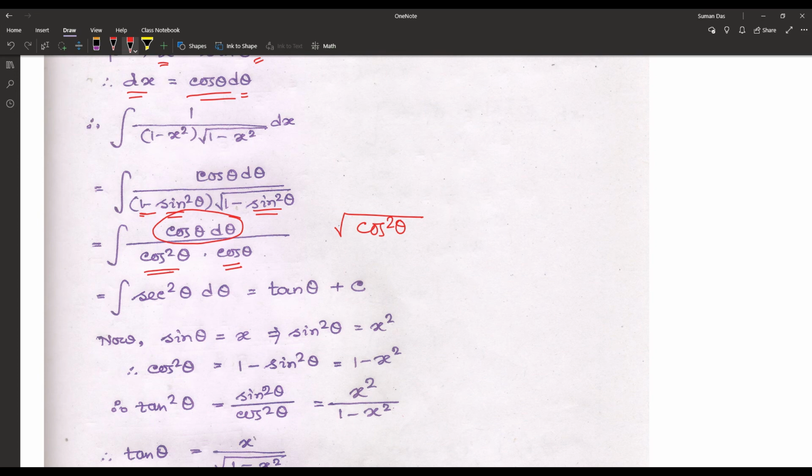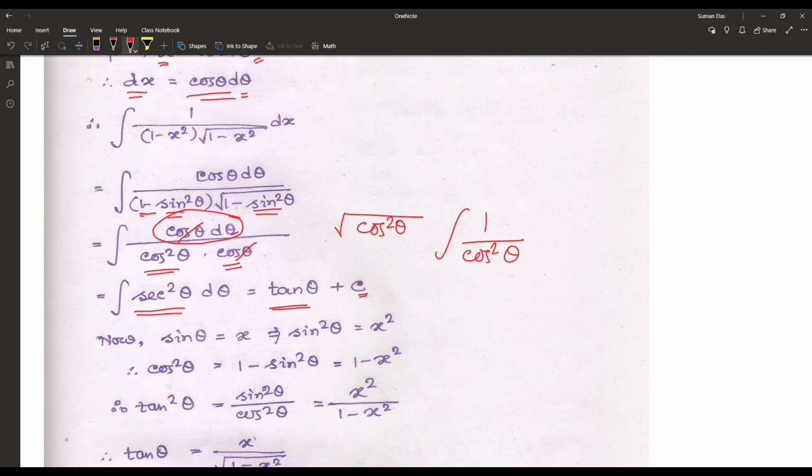Now the integration of 1 by cos square theta can be written as sec square theta d theta, and the cos theta cancels. So the final result is tan theta plus the integration constant.